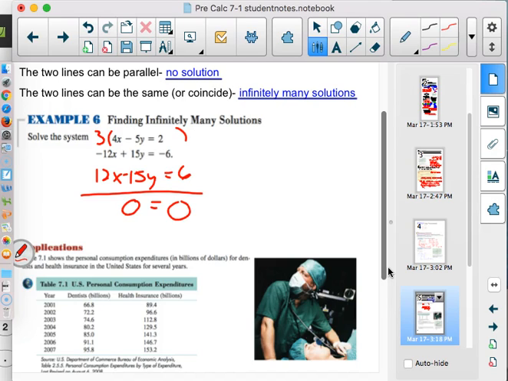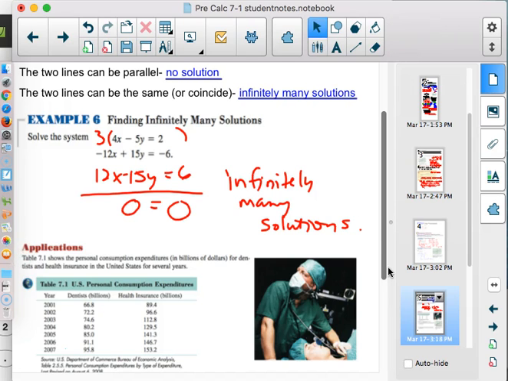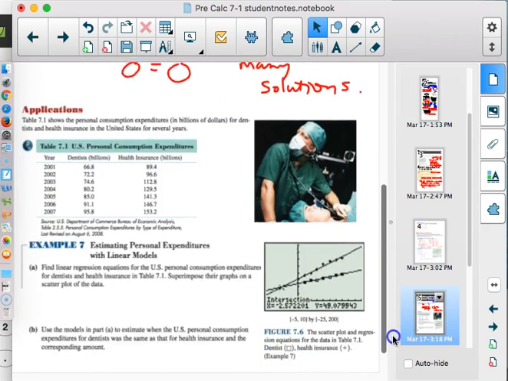Okay, so infinitely many solutions. So it's always true. If the statement is always true, infinitely many solutions. One of the other books talks about it as the identity. So some of you may have learned to write down the identity when you get to this point in the assignment, but that's going to be elimination.